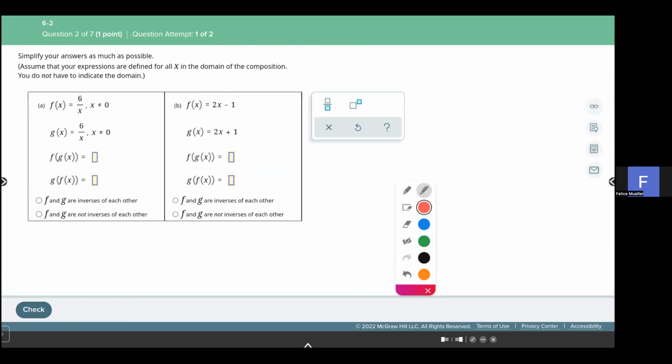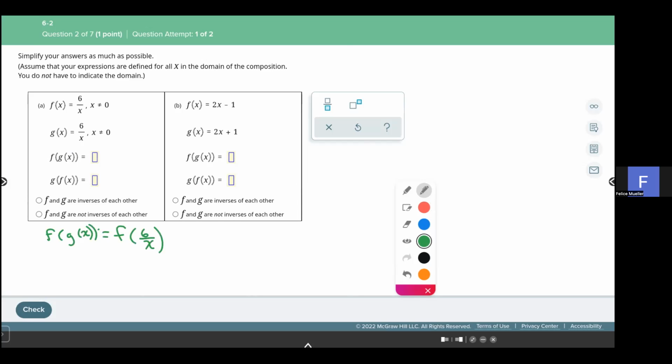All right, so for this problem, we are just going to check and see if these are inverses of each other. So what we're going to do here is, for this first part, it's saying to plug g of x in. So I'm going to do f of g of x, which would be f of 6 over x.